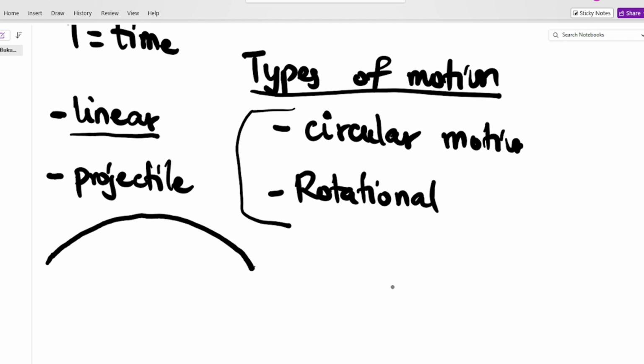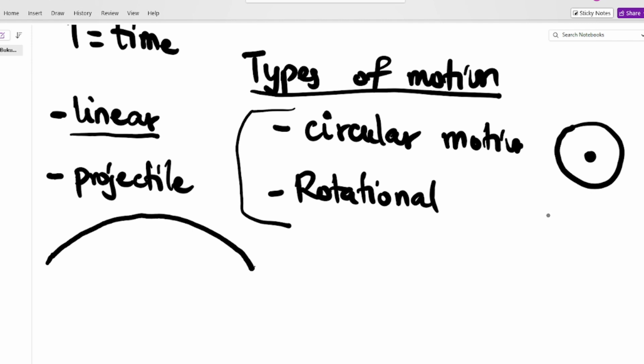We usually turn about something. You turn around something, the center around which you are turning, because a circle definitely has a center. So if you are doing a circular motion, definitely there will be a center around which the body is creating the circular path.